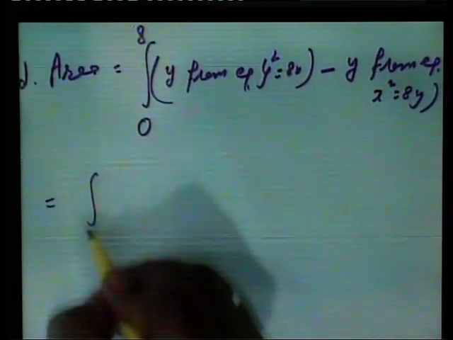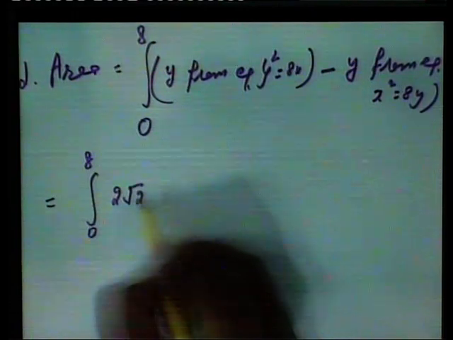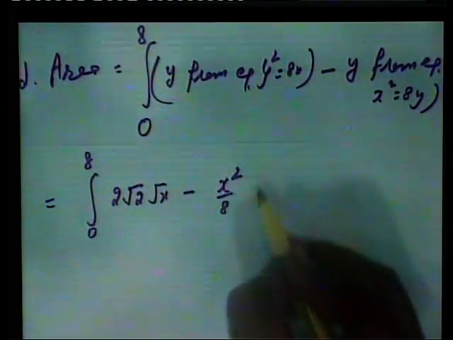That is equal to integral 0 to 8 of (2 under root 2x minus x square by 8) dx.